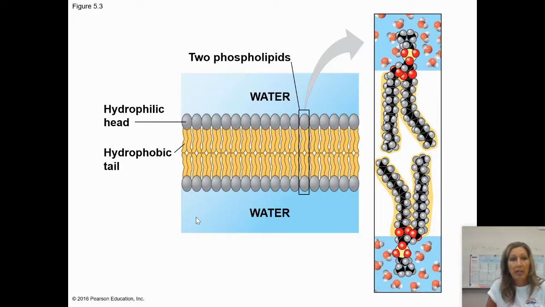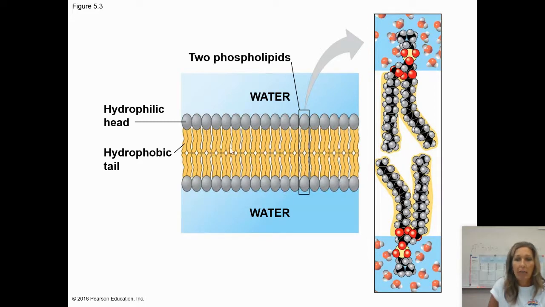Here's just a closer picture of the phospholipid bilayer, so we understand its basic structure. I have 2 layers of phospholipids, and they line up tail to tail. This is my hydrophobic region in here. My fatty acid tails, being nonpolar, repel against water.